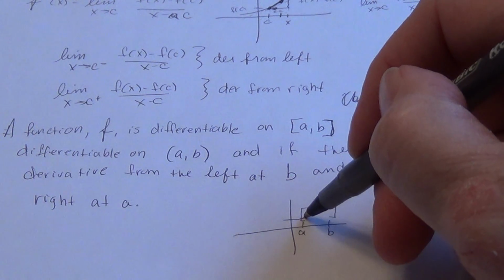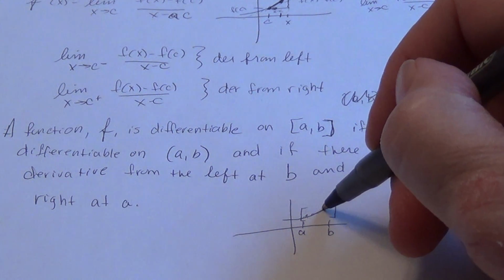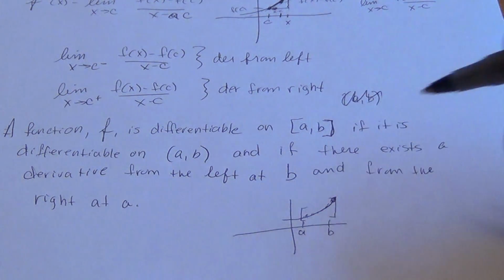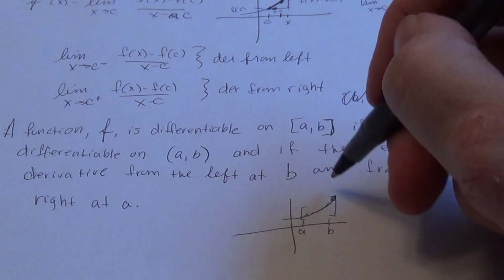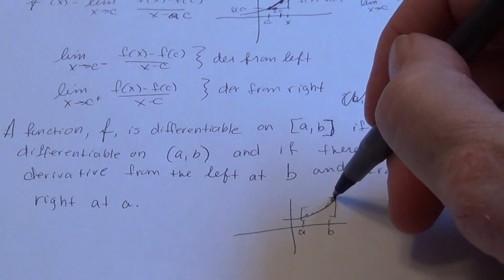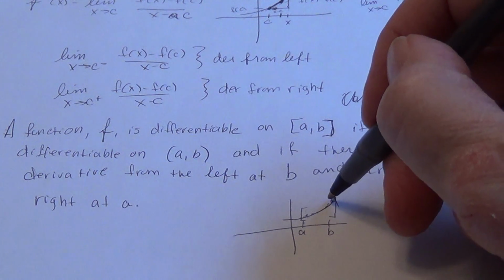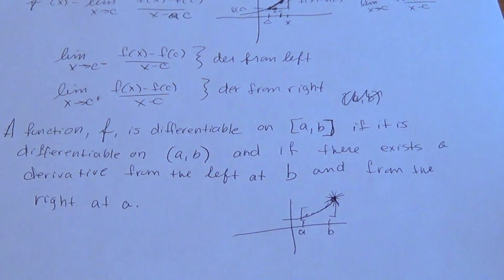So we decided it's going to be called differentiable if every point inside is differentiable, which means it has a slope to its tangent anywhere. And then right when we get to the endpoint, we can't really draw a slope at the endpoint because we don't know what the tangent would look like. So which of those values would it be?